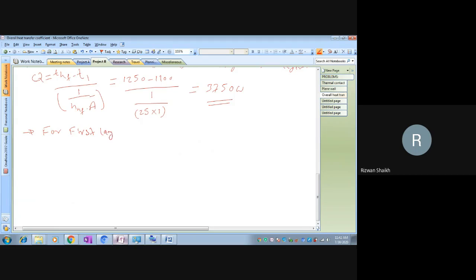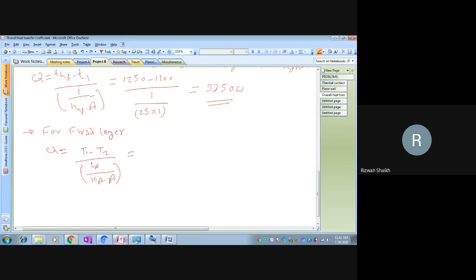For the first layer, I can write the equation as Q is equal to T1 minus T2 divided by La upon Ka into A, that is the resistance I am considering, RTHA.